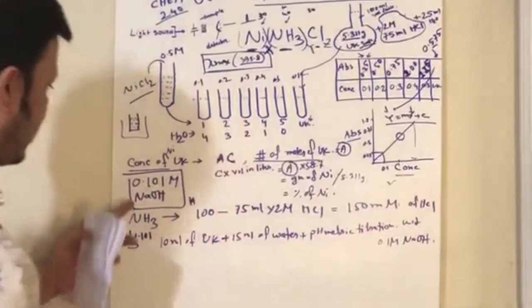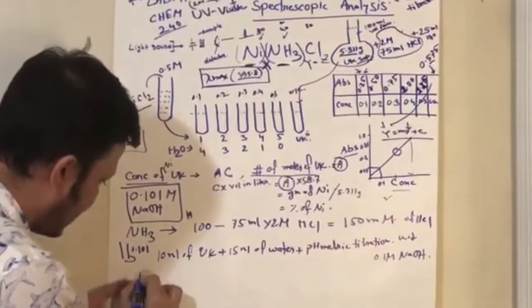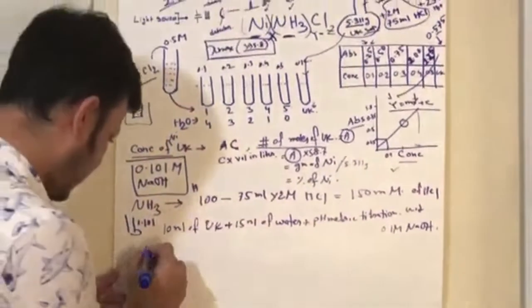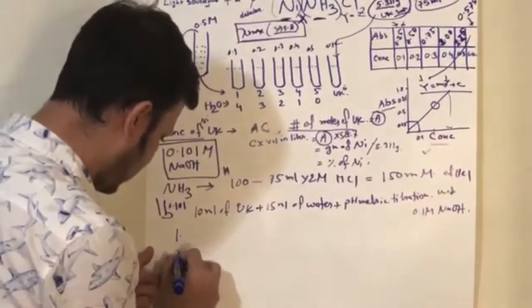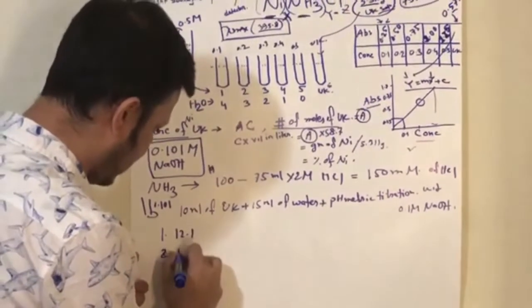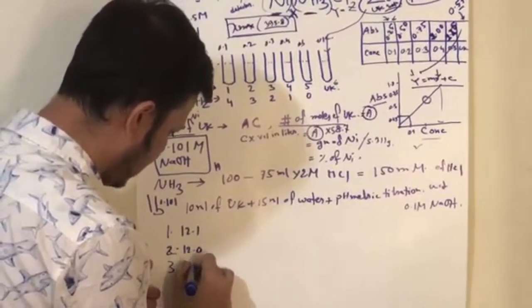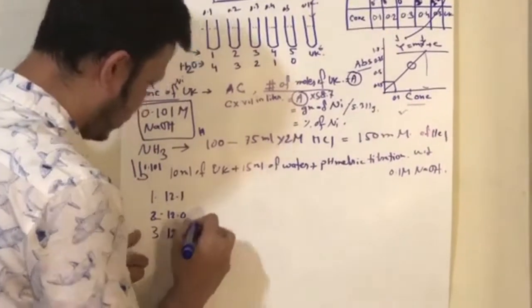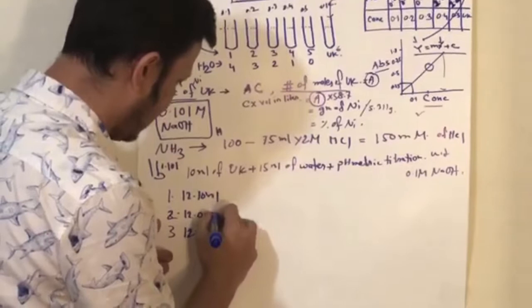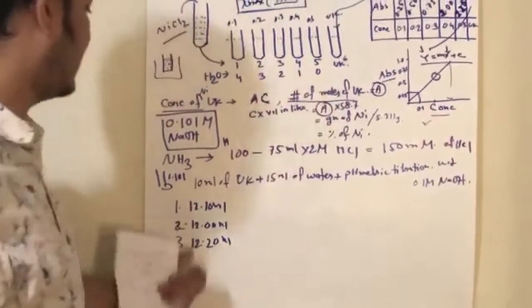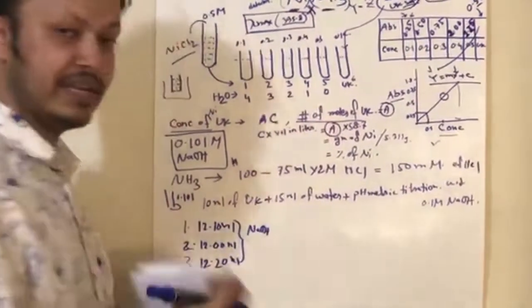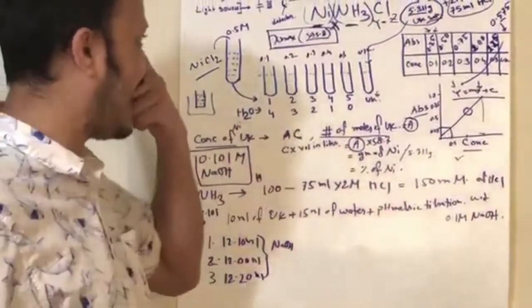Then you run 3 titrations. One is 12.1, 12.0 and 12.2, and 0.00 ml. So this is the amount of sodium hydroxide you needed to neutralize the excess acid.